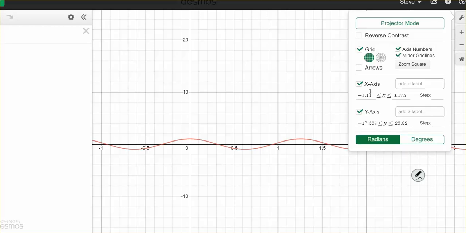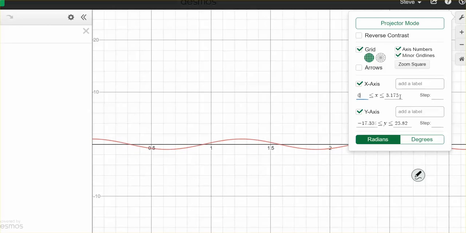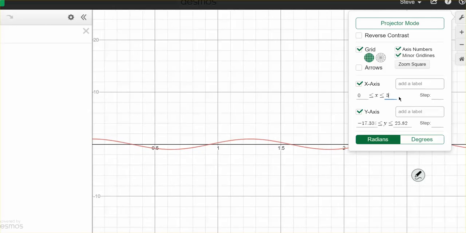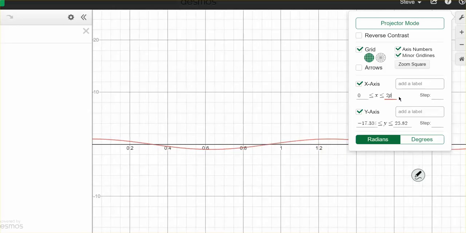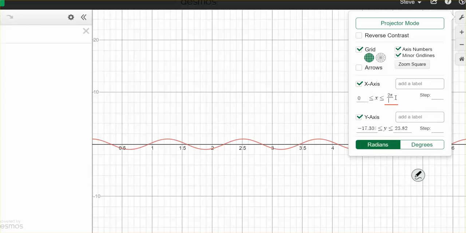If I go back and go from 0 to 2 pi, you can see it goes through its cycle a couple times. So the period, if you go from 0 to 2 pi over 5, it does one cycle. It slows it down a little bit, right?